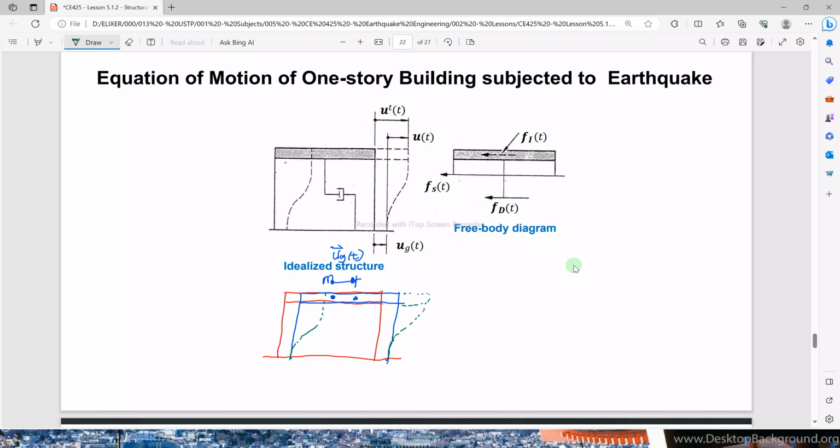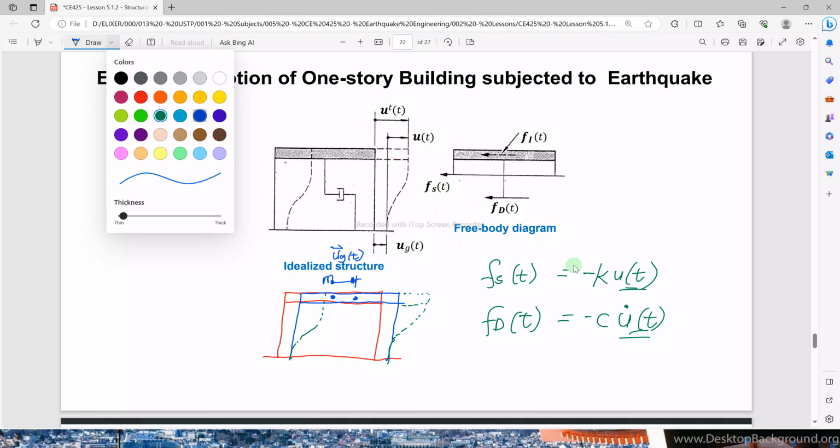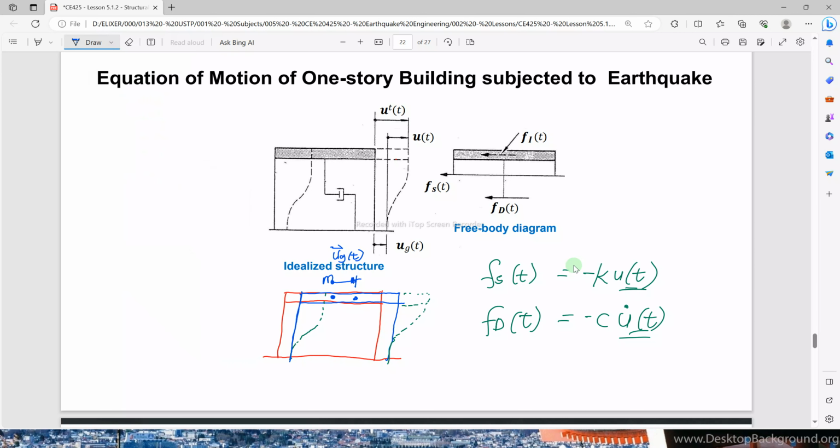So muna siya nga nganong si elastic restoring force Fs of t is still negative k u of t, and the damping force Fd of t is equal to negative c u dot of t is still this one because pag apply ni ground motion, from this explanation, intact pa si building na to.